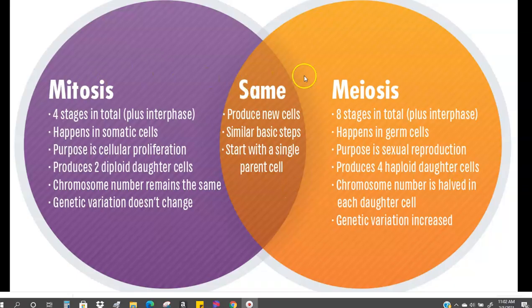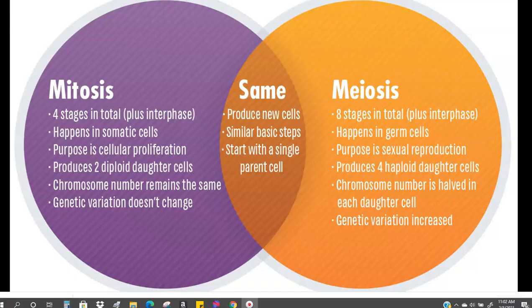Now, as far as meiosis goes, meiosis has 8 stages. There are some key differences, but the names of the phases that we saw in mitosis, prophase, metaphase, anaphase, and telophase, will stay the same for meiosis, except that we now put a Roman numeral behind it.